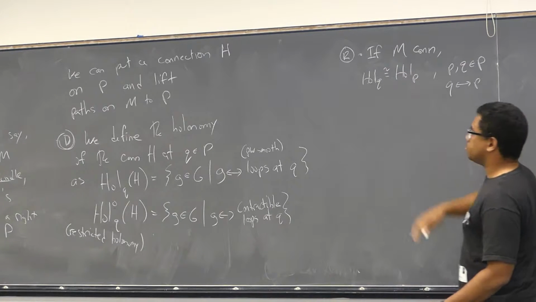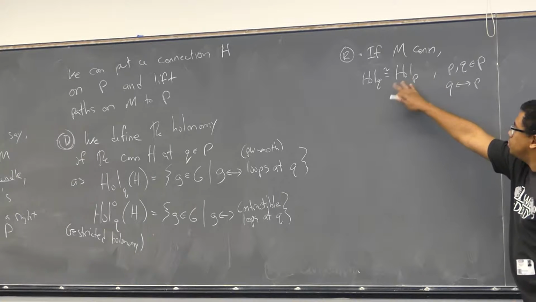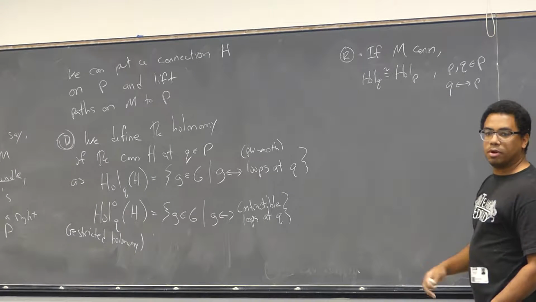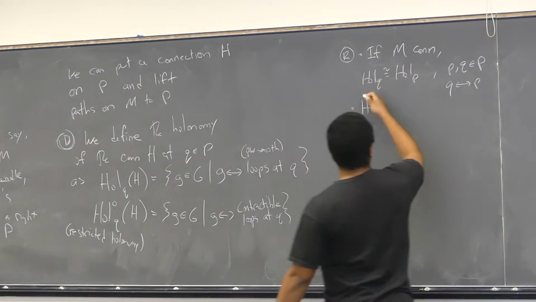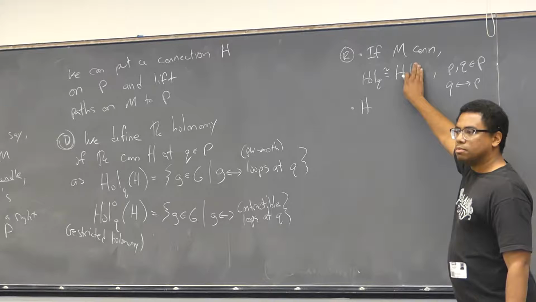Manifold connected, path connected, in the same path component, you can show that these groups are conjugate to one another. So you get this isomorphism, and this allows me to drop reference to the base point.